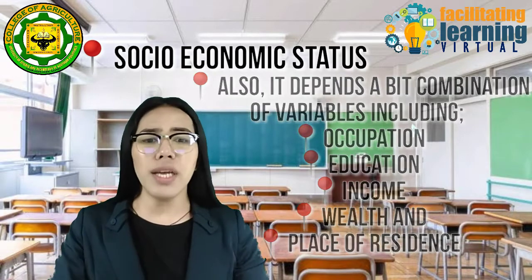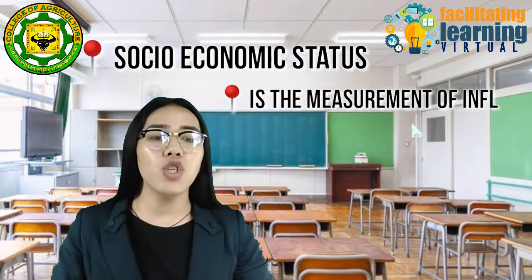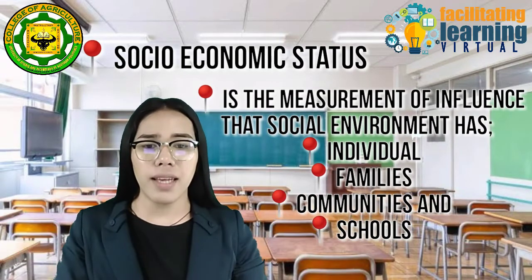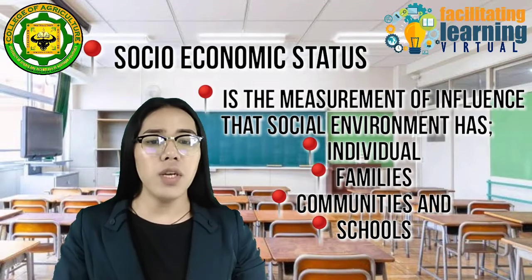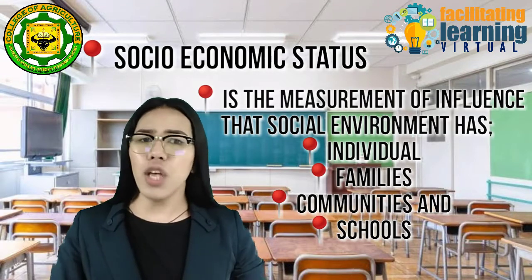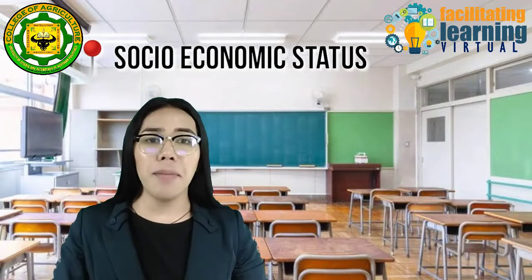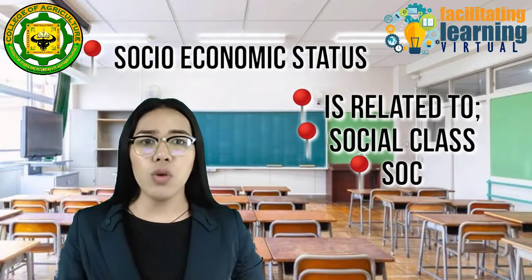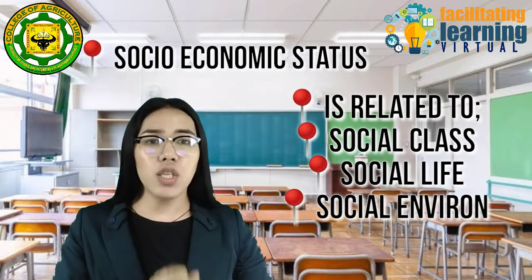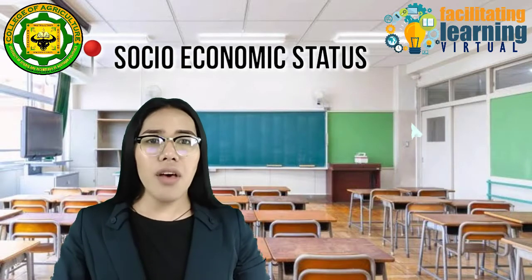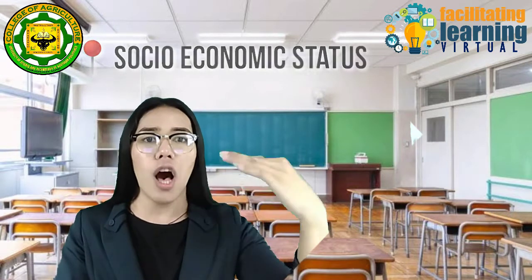Socioeconomic status is the measurement of the influence that the social environment has on individuals, families, communities, and schools. In many ways, socioeconomic status is related to the social class of people, social life, and social environment, so that they are in a higher position in life.